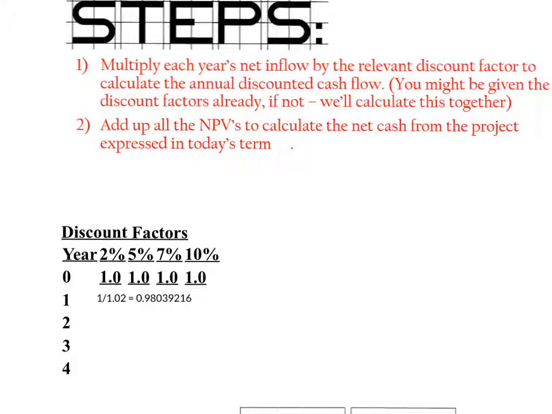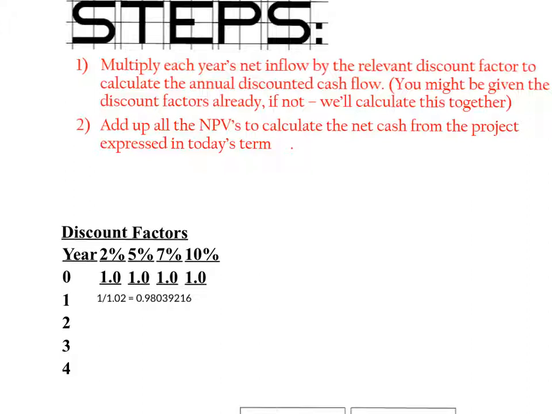Now, if you wanted to do the rest for year 2, year 3, year 4, I would just keep pressing equals. So 1 divided by 1.02, press equals again, I'd get 0.96116878. Do it again, I'd get 0.94232233. Did it again, and I'd get 0.92384543. So they would be the discount factors.